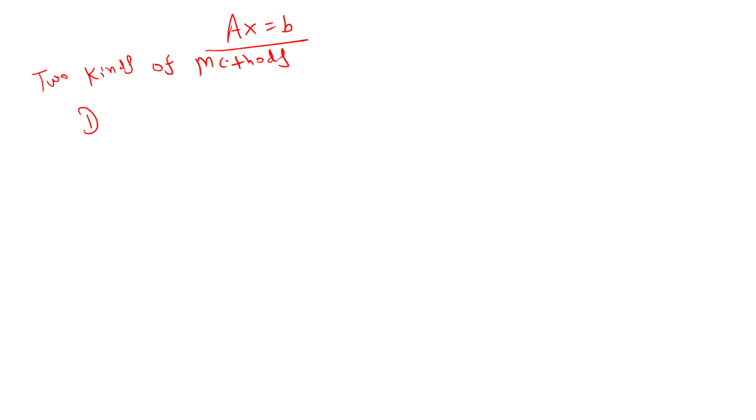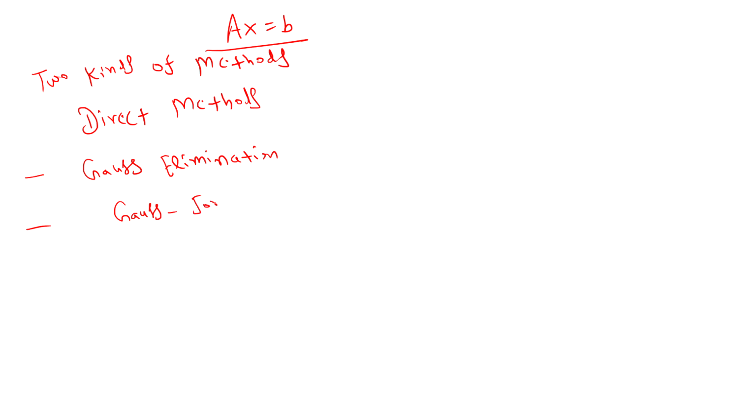First is known as direct methods, and in these direct methods we have Gauss elimination method. Second method is Gauss Jordan method. And the third method is LU decomposition method.